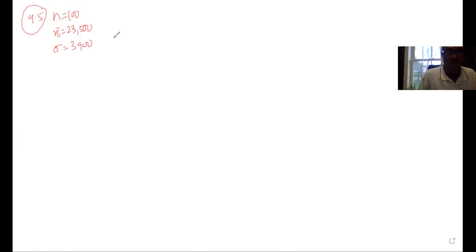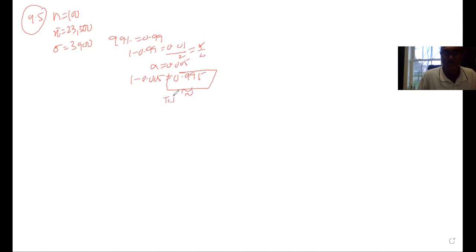You know this thing because so many times we did it: 99%, that is equal to 0.99, and 1 minus 0.99 is equal to 0.01, divided by 2, that is alpha by 2. So alpha by 2 is equal to 0.005, and that means 1 minus 0.005 is equal to 0.995. If you find this value in table A3, that value corresponds to 2.575.